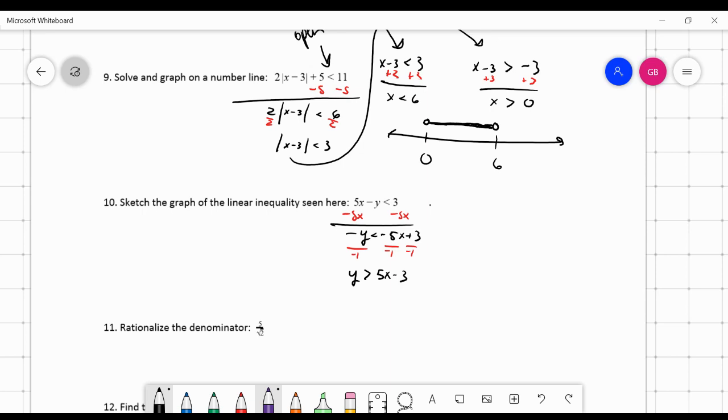Okay, so my y-intercept is -3, my slope is 5, and this symbol here tells me that I need to draw a dashed line.